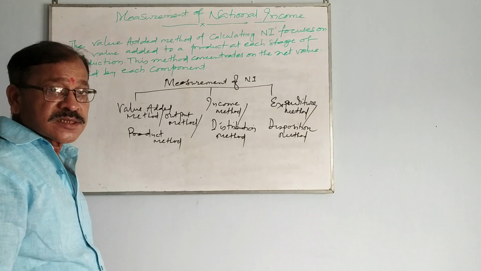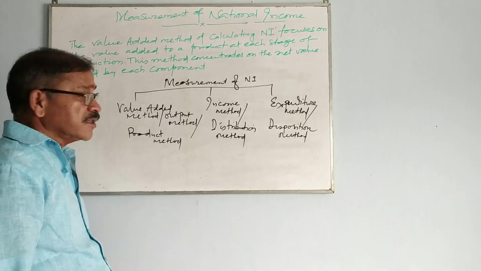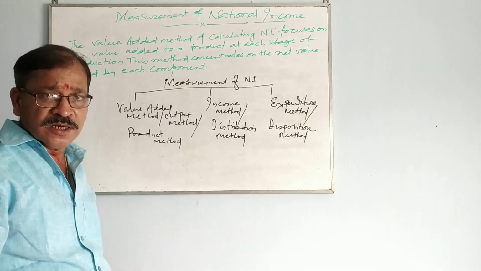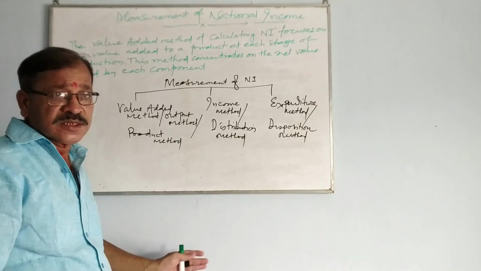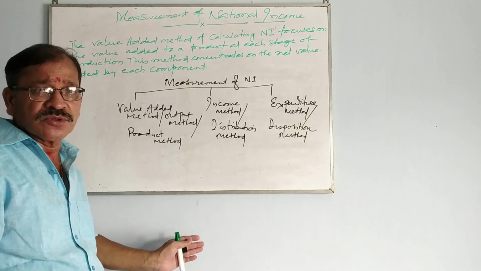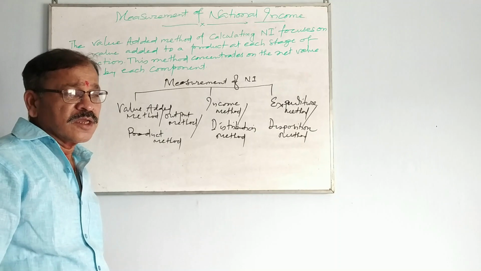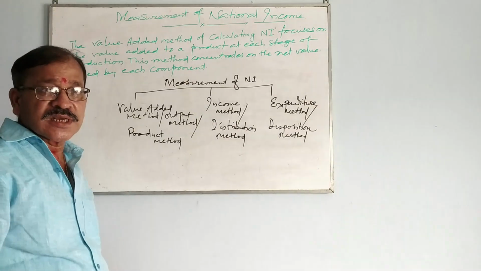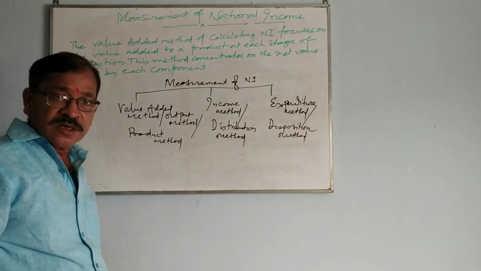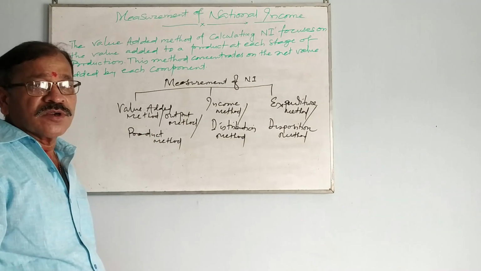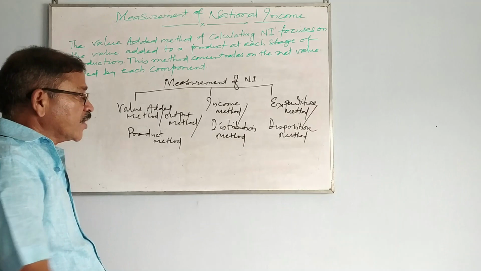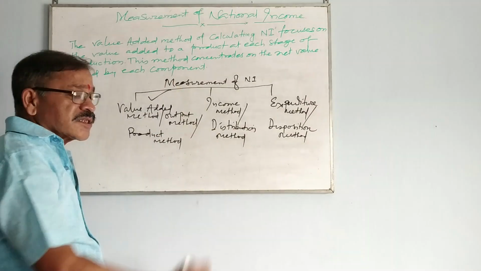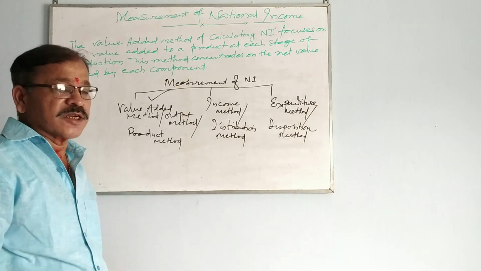So today let us go for, I should say, module number 1. This lesson I basically divided into 3 or 4 modules. So let us begin module 1, in which we will discuss the value added method, what it is and how it should be calculated. So today we are going to discuss the value added method.